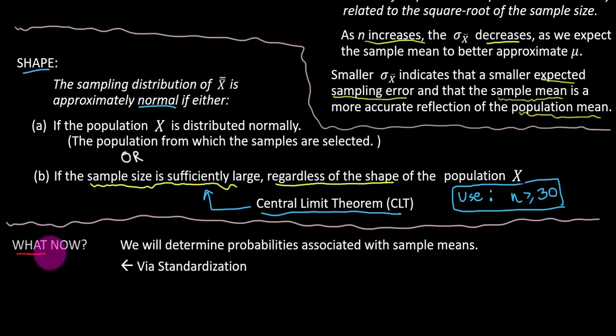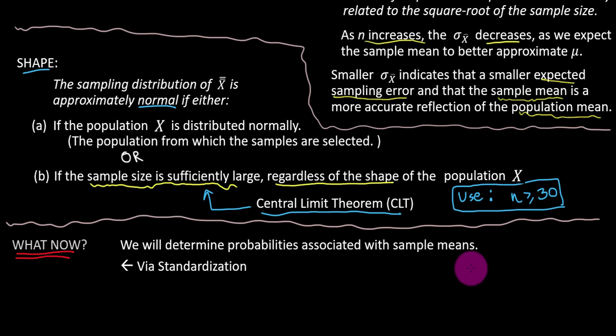Okay, well, what now? How are we going to implement all of this info and utilize it in some meaningful way? Well, because we want to make probability statements about sample statistics, we're going to end up using this in the formation of a z-score.